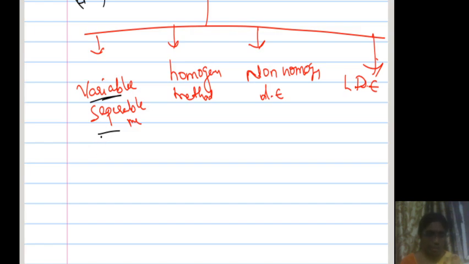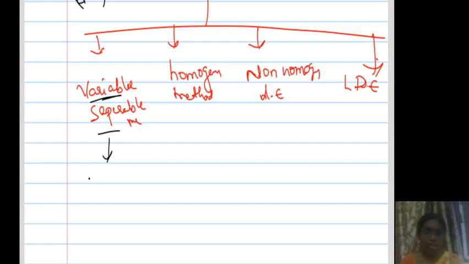Variable separable method means what here? Whenever it is possible to separate the x variable and the y variable in the differential equation, then you have to apply this method. How do you apply it? First you separate, then you do integration. After simplification, you will get the general solution.